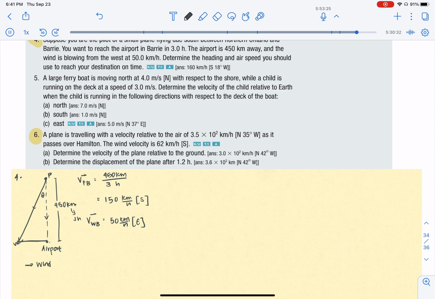Okay, so that's the first one. The next one would be the velocity of the water relative to the shore, which is also known as the current. That's going 5.